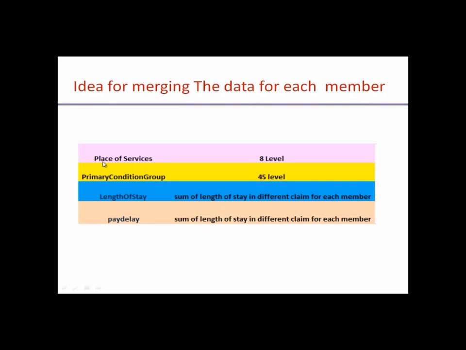Other predictor variables in the claim table such as place of service, primary condition group, length of stay, and pay delay have different levels: 8 levels for place of service, 45 levels for primary condition groups, and also we can put the sum of length of stay in different claims for each member, and the same way for pay delay.